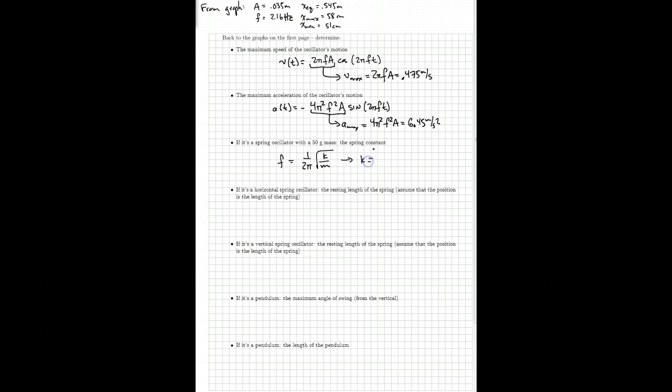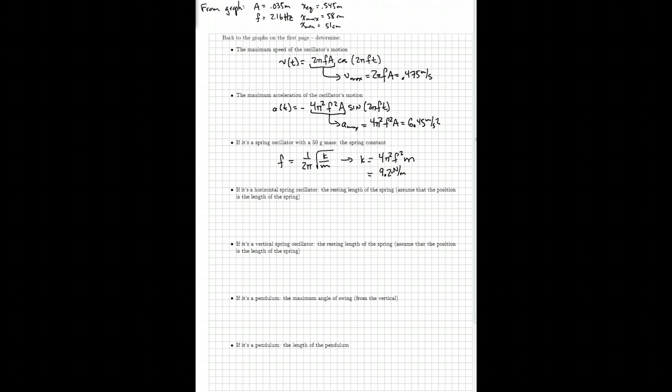So I'm going to bring the 2 pi over, square both those, so 4 pi squared and f squared, and then I have to multiply the m up and check those units and use your newtons being equivalent to kilogram meter per second squared to figure out that everything works okay. And I get about 9.2 newtons per meter, which is not a terribly stiff spring.